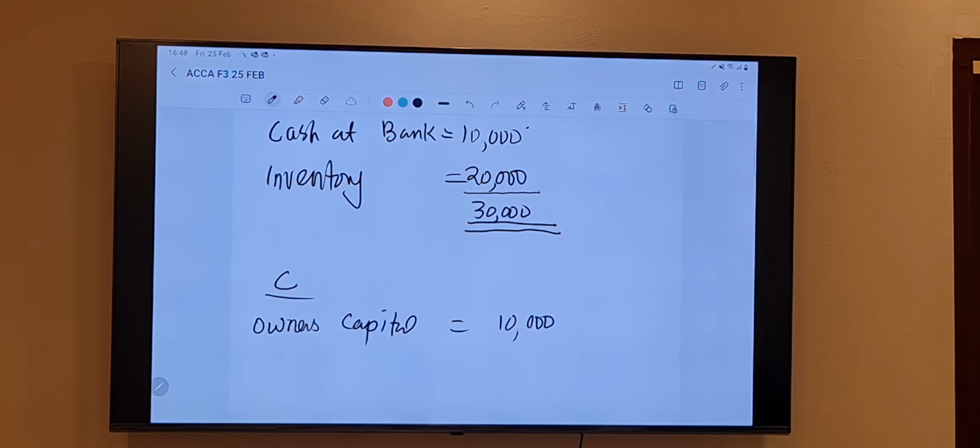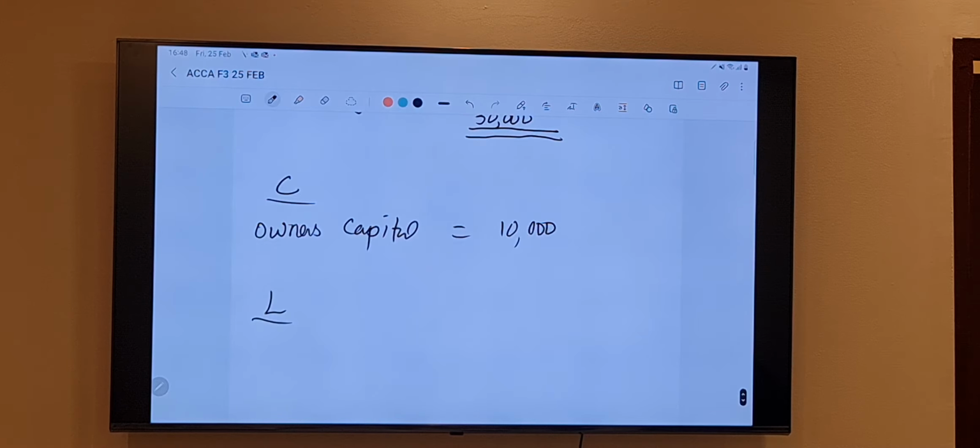Now we have a new item. Liability. Liability is what? Trade creditors. Sometimes we have different names: trade creditors, accounts payable, sundry creditors, sundry payables, payables, creditors.